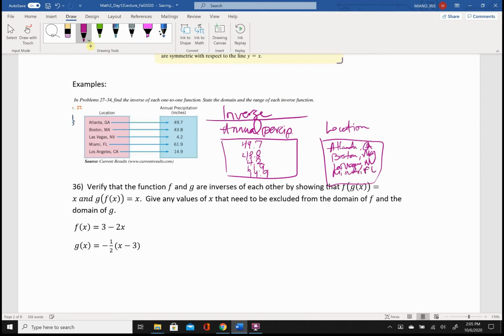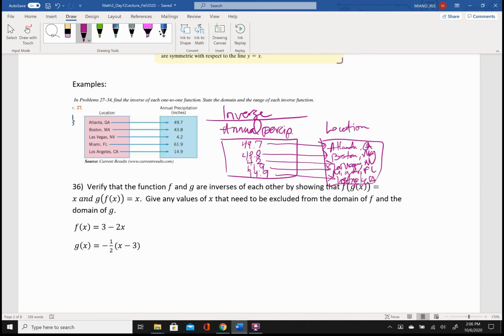So you can just write these items in the same order that they're given. Los Angeles, California. And instead of it being mapped location to precipitation, we're going precipitation first and then map it to its location. So this is how the inverse will look as far as this chart-ish representation is concerned.